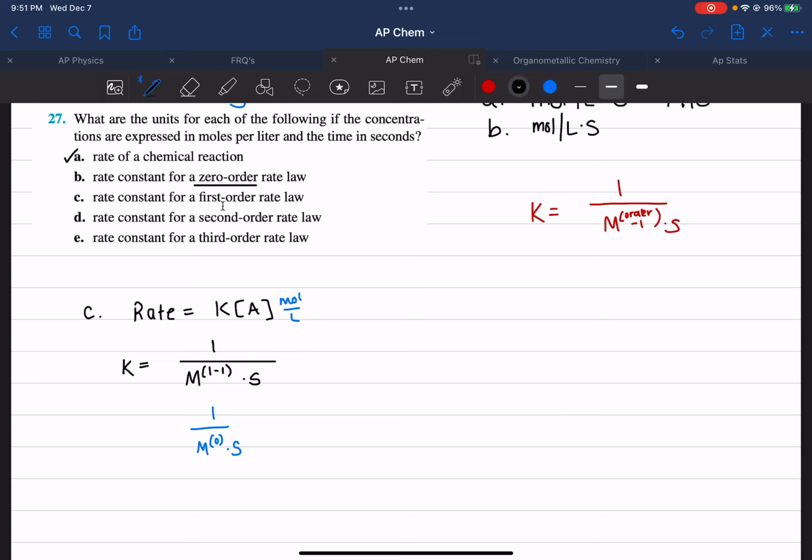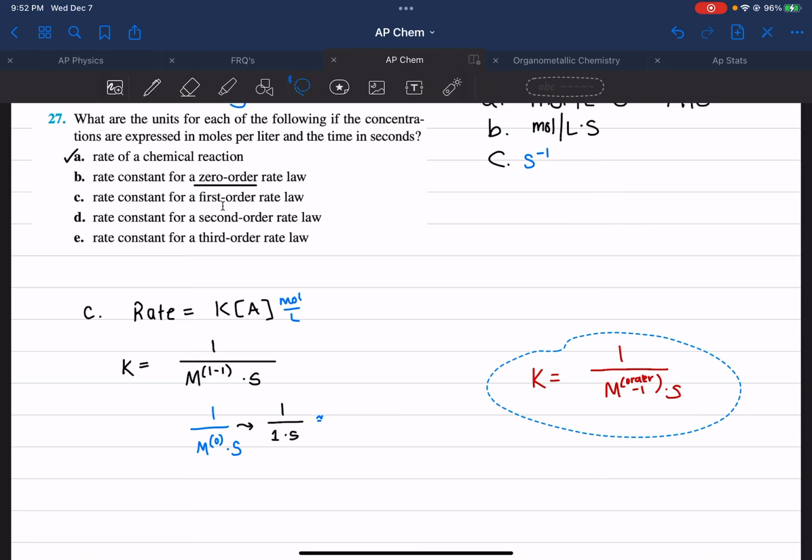And we all know that anything to the power of 0 is 1. So 1 over 1 times our seconds is equal to s to the negative 1. So our units for K for first order are going to be s raised to the negative 1, or you can write it as 1 over seconds, whatever you prefer. I'm just going to keep the units here in case anybody wants them for reference.